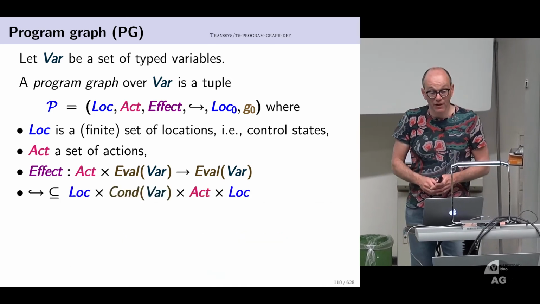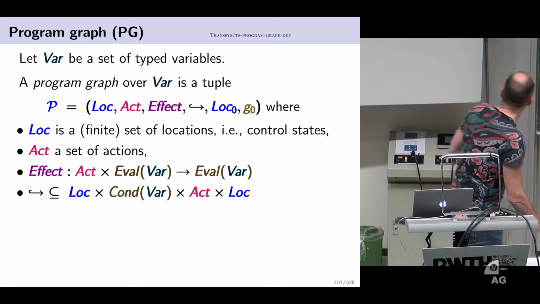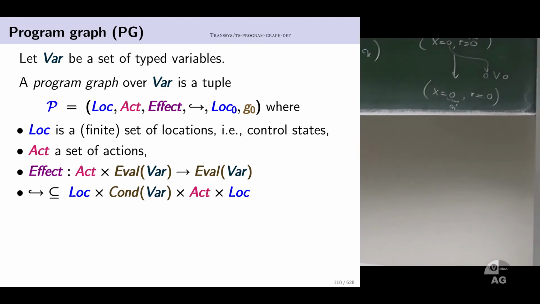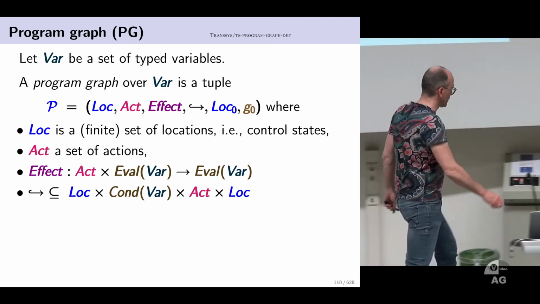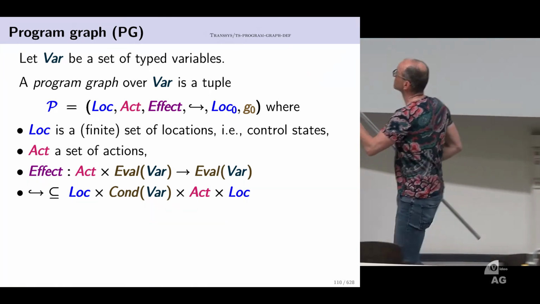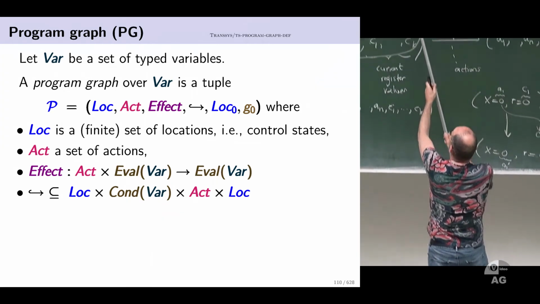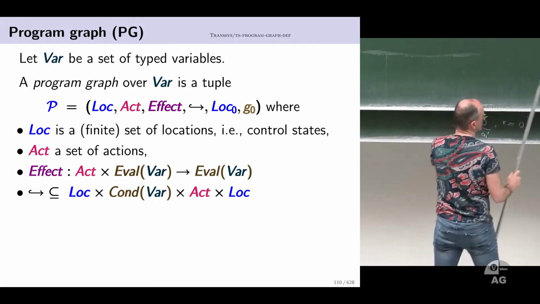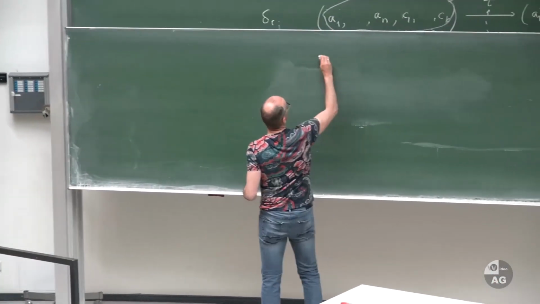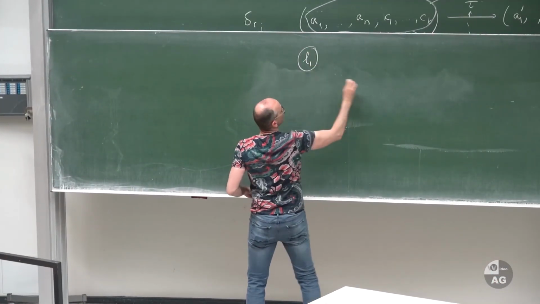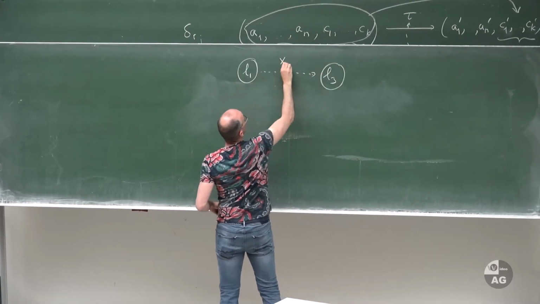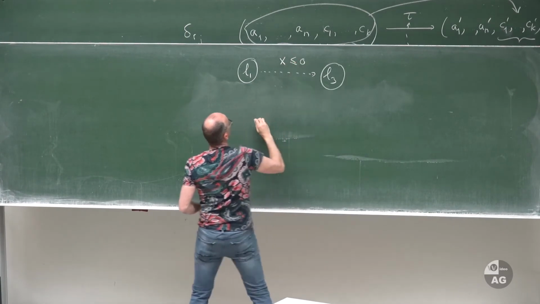Then we have this edge relation. And maybe I should shortly remind you of this edge relation. Maybe you take the example as we had before. We had L1, we had L3. I think here was something like x is at most 0.